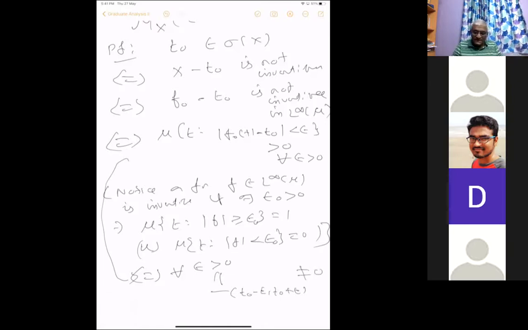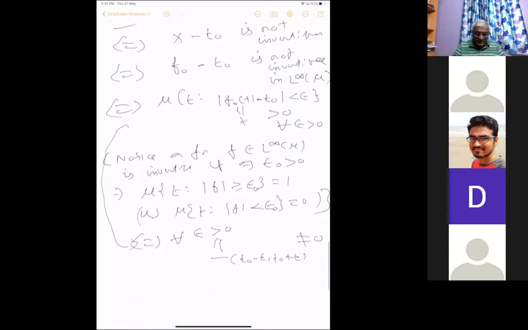This f naught t is just t. F naught t is the function f naught t equal to t. Or you just write modulus of t minus t naught is less than epsilon.